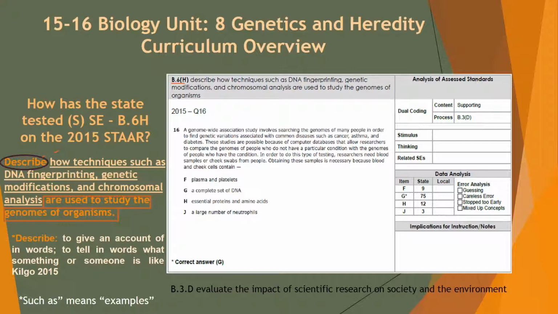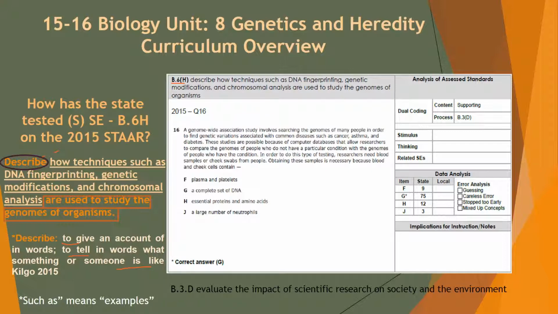Describe means to give an account of in words, to tell in words what something or someone is like. And we're describing techniques such as DNA fingerprinting, genetic modifications, and chromosomal analysis. And again, these are just examples of techniques. There are several others, and you will see those noted in your specificities. Are used to study the genomes of organisms.